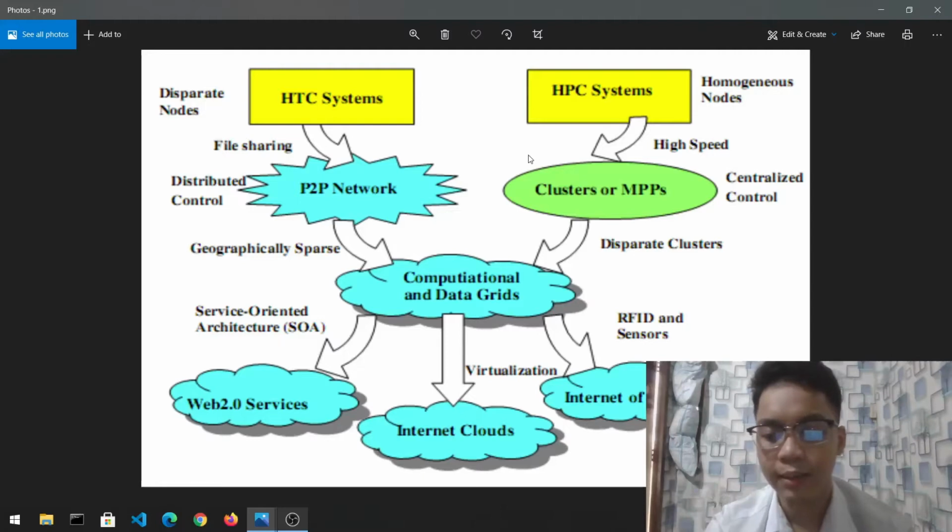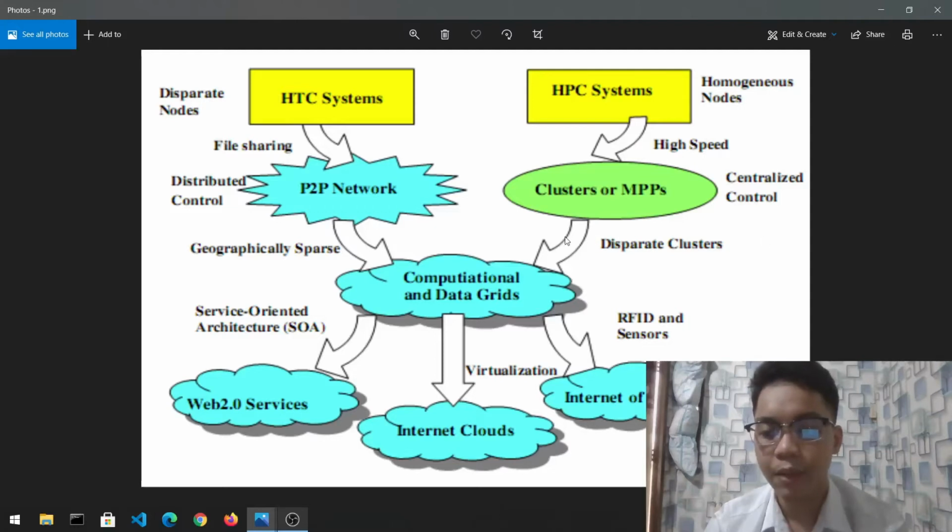So let's start with the HPC side. The HPC system is inside of a cluster of supercomputers or massively parallel processors, or MPPs. The MPPs are working together simultaneously with super high-speed connections. So basically, MPPs are a centralized control process.